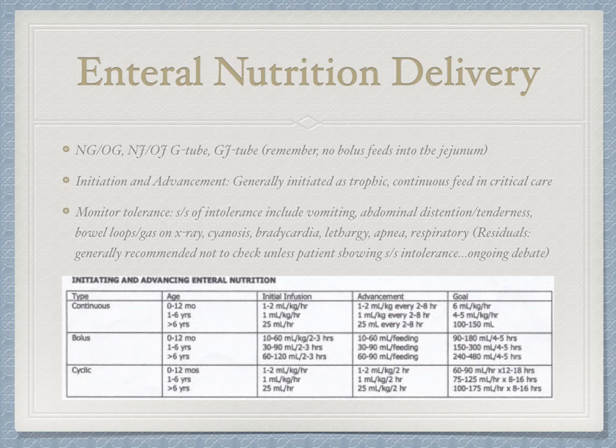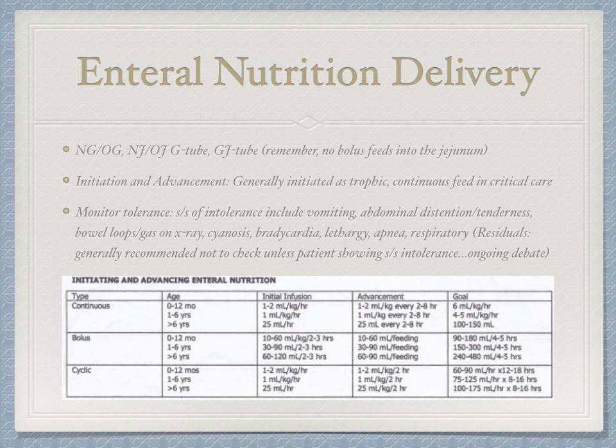You'll of course want to monitor tolerance, and some of the signs and symptoms of intolerance in children are the same as adults: vomiting, abdominal distension and tenderness, bowel loops and gas on x-rays, cyanosis, bradycardia, lethargy, apnea, and respiratory issues.